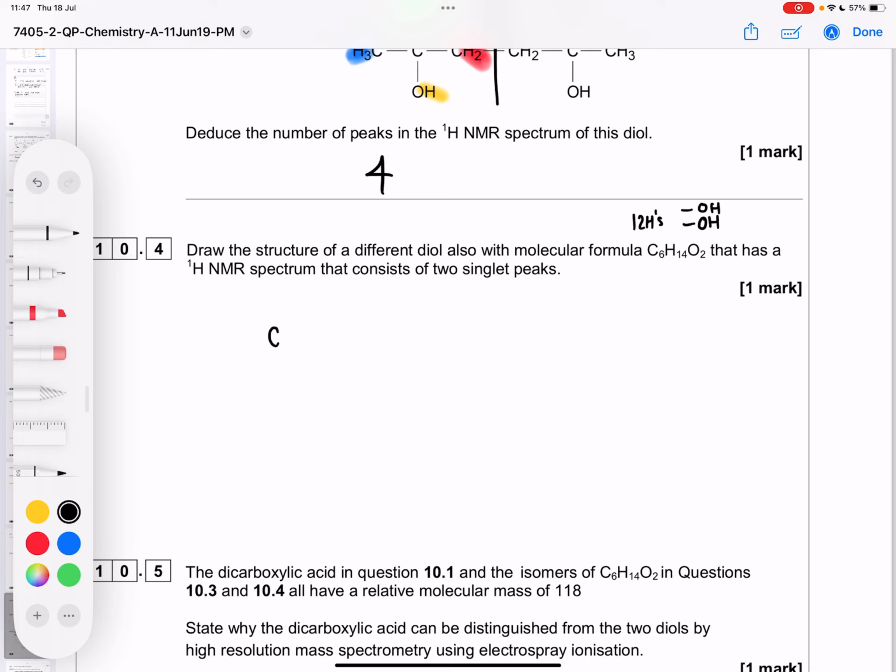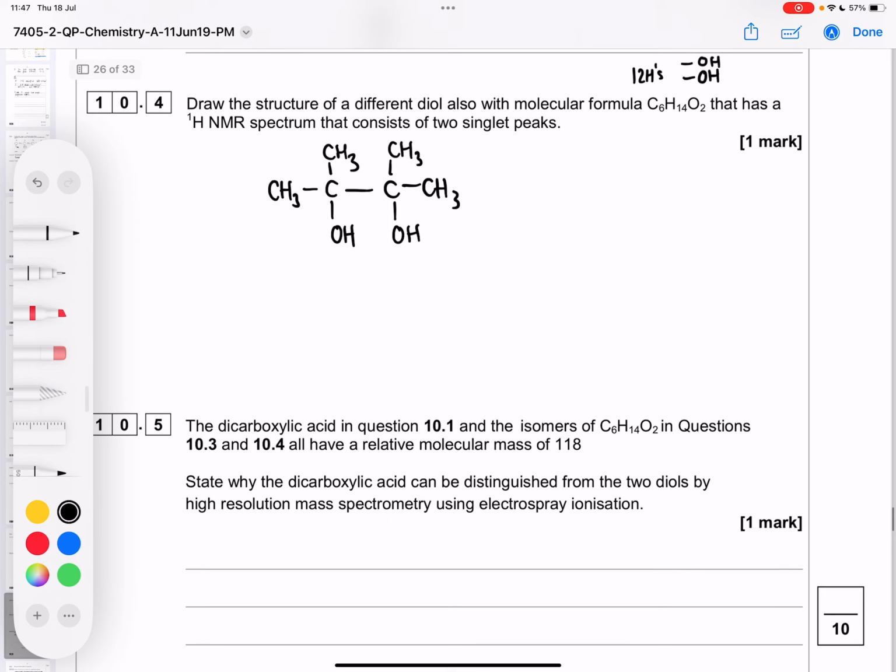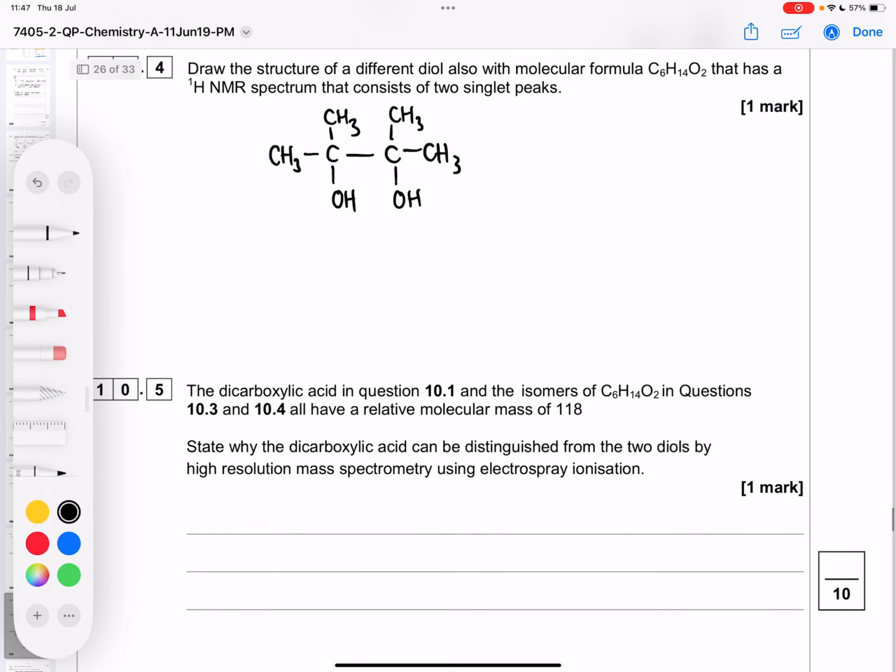So we've got 4 CH3s that are all identical. If we went like that, and we just count up 1, 2, 3, 4, 5, 6 C's all together, this would work. All the CH3s are the same, and then the OHs are the same, and there'd be singlets because there's no hydrogens on these central carbons.